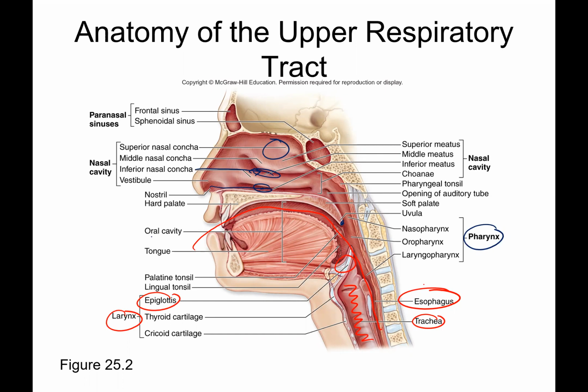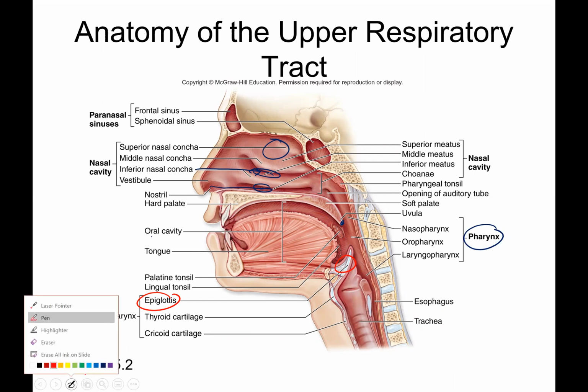So you can do a tracheotomy, because it's right there in the front, and then behind the trachea is your food tube, the esophagus. So you want that epiglottis to cover the trachea so that food is not routed down your windpipe.